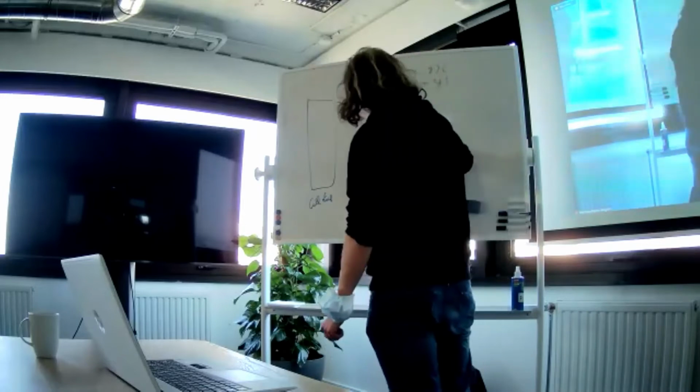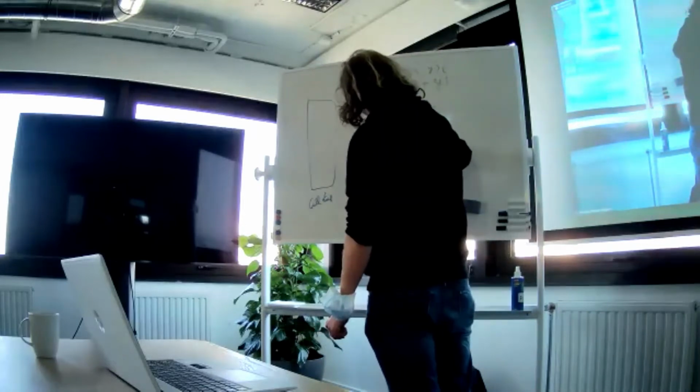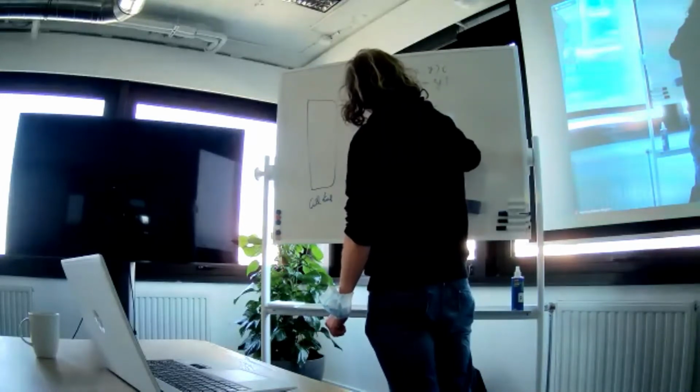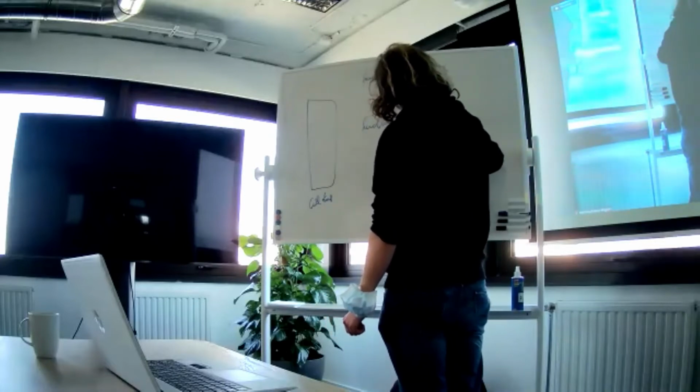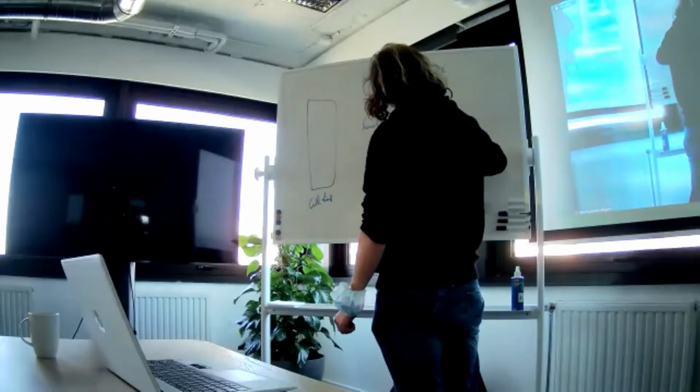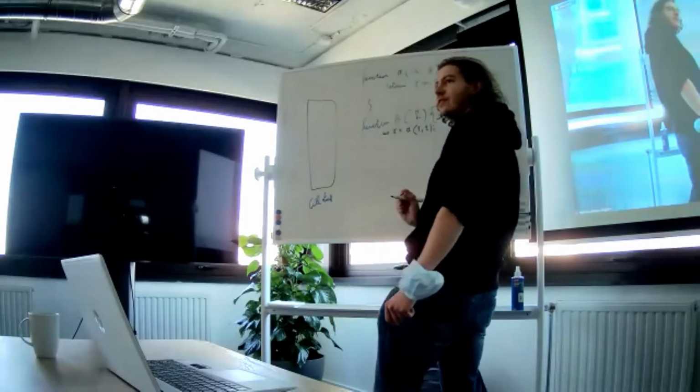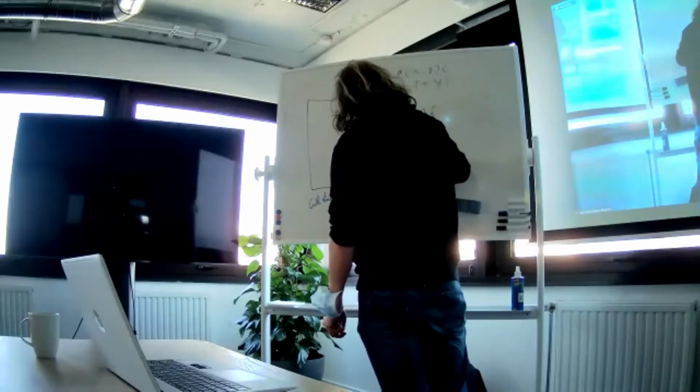Then it calls function A with twice its argument, and it returns that one.